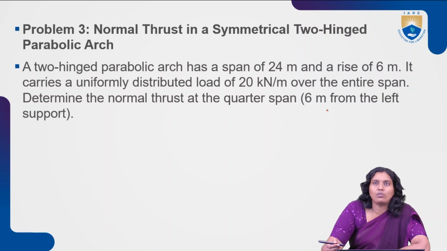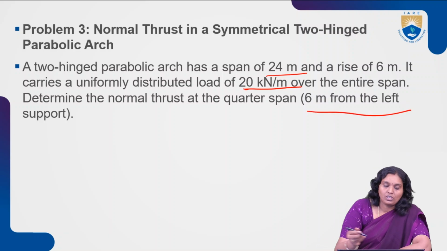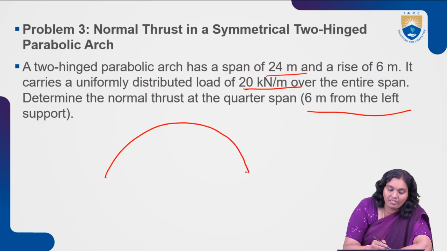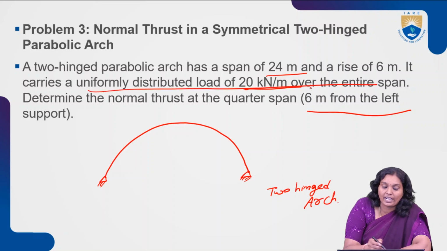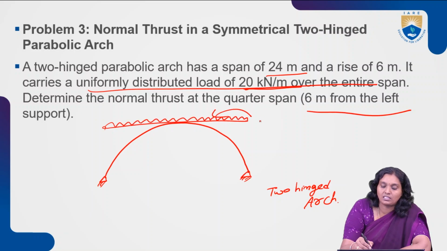In a different scenario, one more numerical problem with a uniformly distributed load, determine the normal thrust 6 meters from the left. This is also similar to the previous, but the load condition is different. It is also a two hinged arch, with a uniformly distributed load over the entire span equal to 20 kilonewtons per meter.